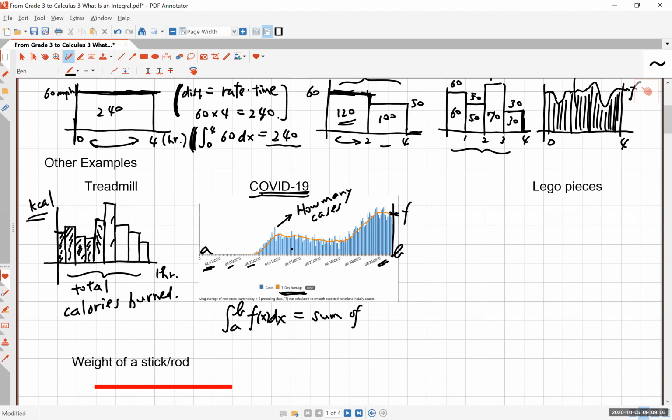But the difference between a simpler addition and integration is that every single point, now I know it's not true with the COVID data because every single bar here represents one day. And so days are, again, discrete. You don't have infinitely many days.